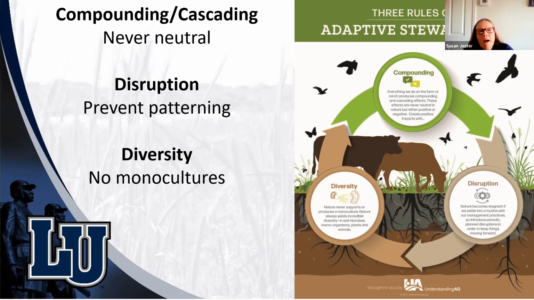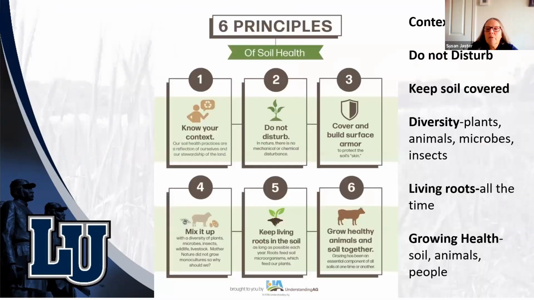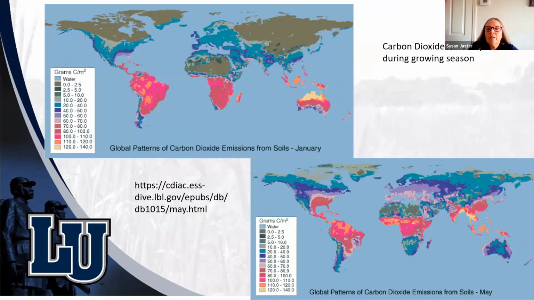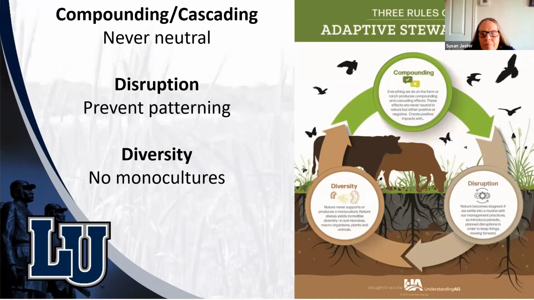Also, we want to talk about disruptions. Now, in that other slide, when we talked about tillage, that was a disturbance. But disturbance is bad, while disruption is good. And that helps us prevent patterning.